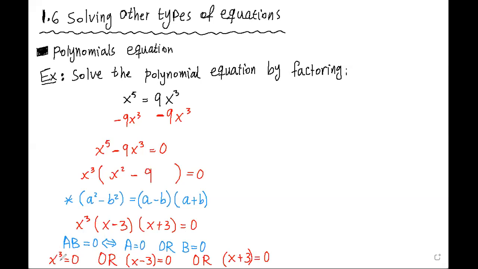Now we have x to the power 3 equals 0. This means x equals 0. Why? Because we take the third root of both sides and that gives x equals 0. The second one is a linear equation like the previous section. And this one is also a linear equation. So what's the solution for the second one and the third one?